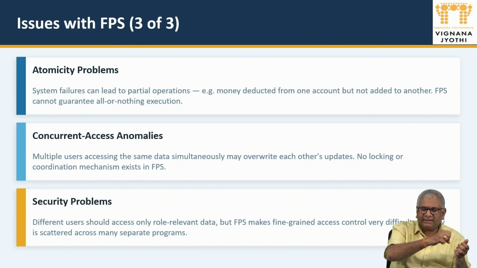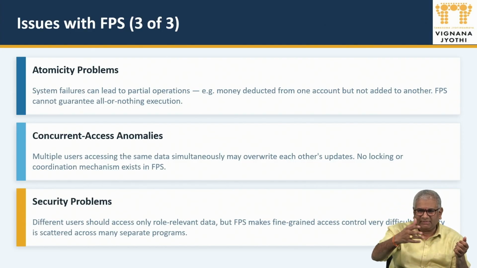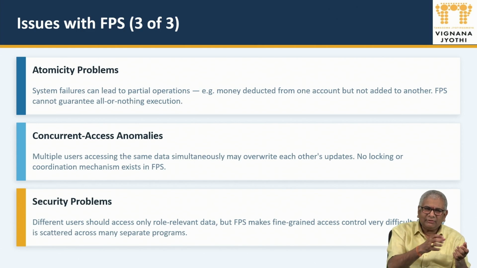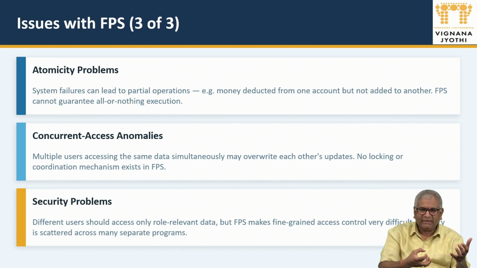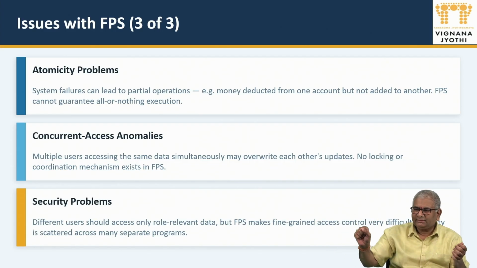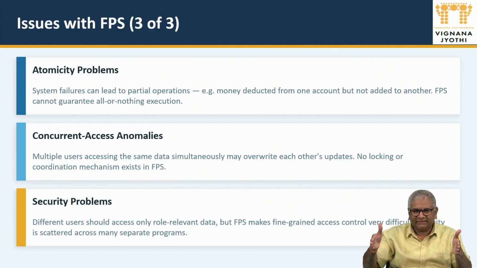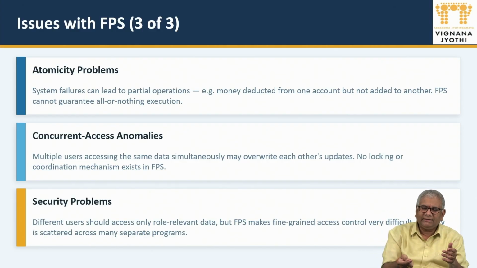For example, after deducting money from A, your database system crashed, then the money is gone from A and not deposited into B. That is the atomicity problem. Even though you are doing two things here, taking money from A and putting it into B, the entire set of two things is one atomic thing. If one fails, the entire thing fails, right? So if the system fails after subtracting, it should be added back to A. That's how you have to manage that. That is the atomicity problem.